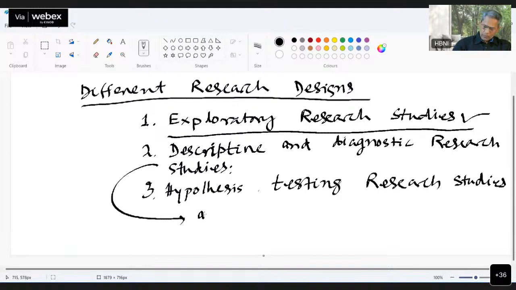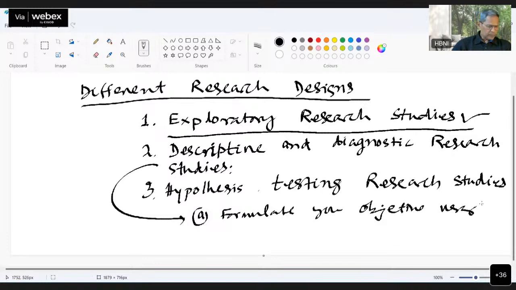First, you have to formulate your objective very precisely, that is, what the study is about and why it is being done.